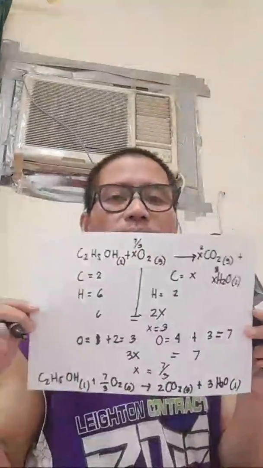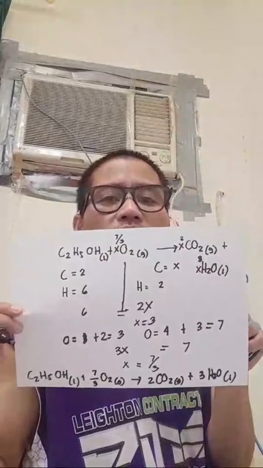So 7/3 oxygen gas is equal to 2 moles of carbon dioxide gas plus 3 moles of liquid water. Now, this is our final reaction.